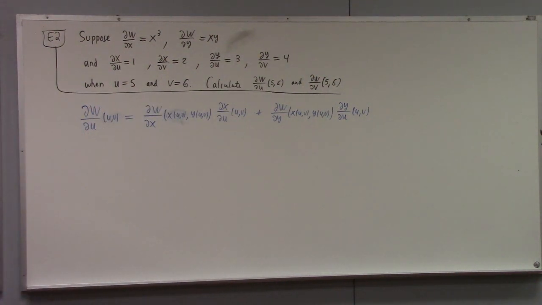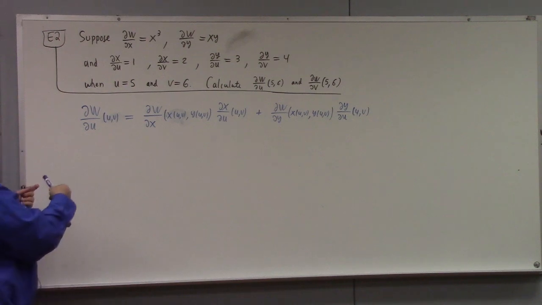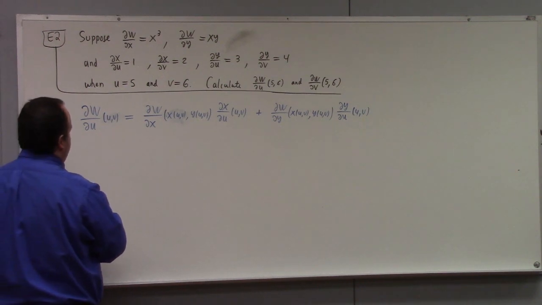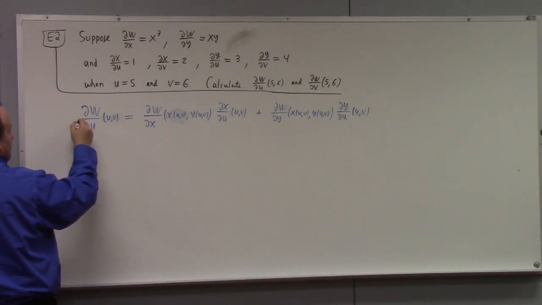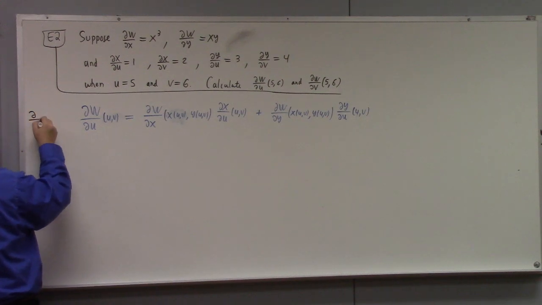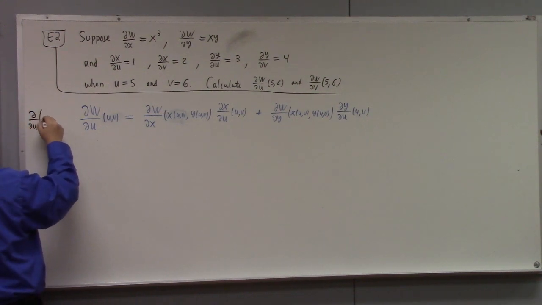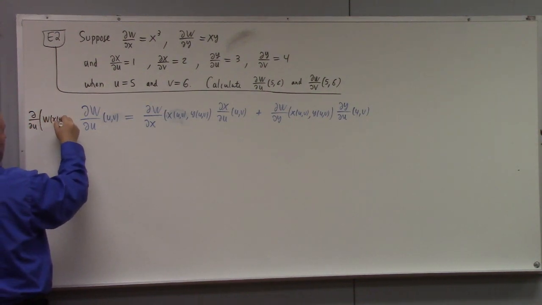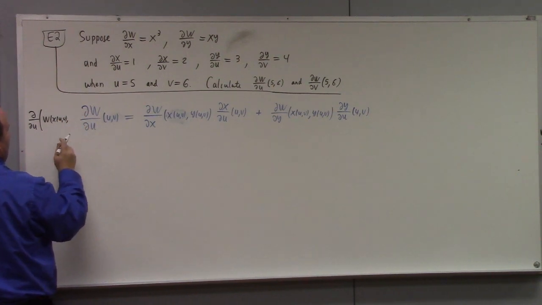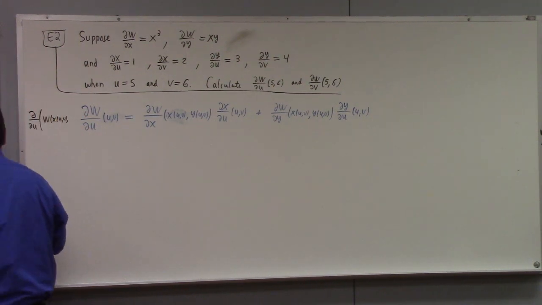So we think of w as a function of x and y, but in the context of this chain rule, to be more pedantic, what I'm really calculating is partial u of w of x of u v, comma, oh man, I can't even fit this in there. Rats.